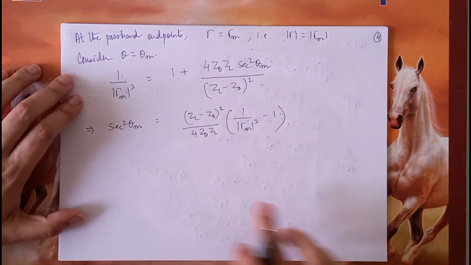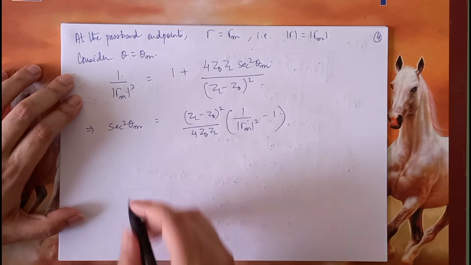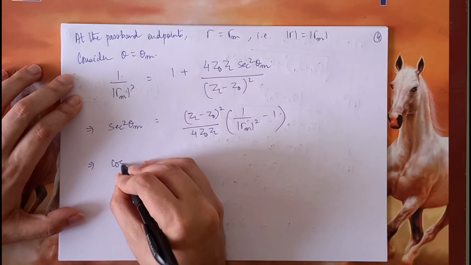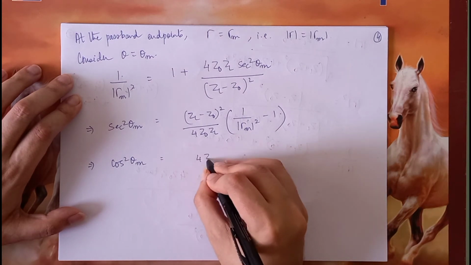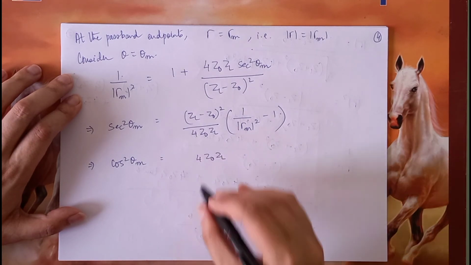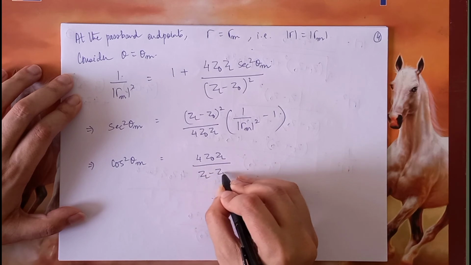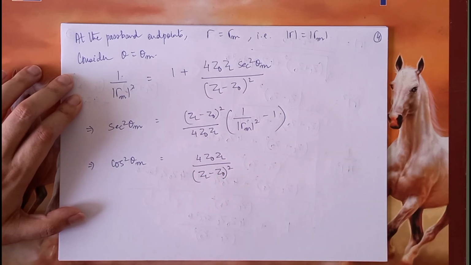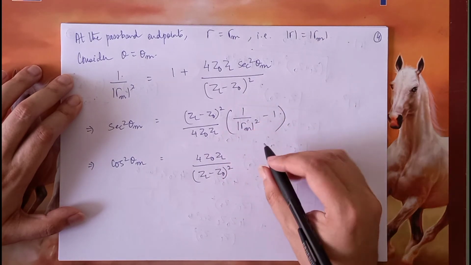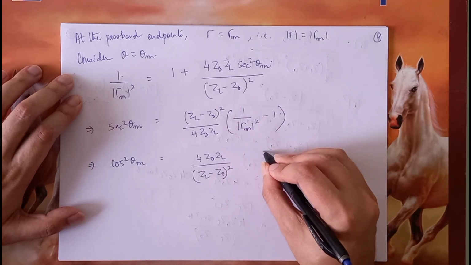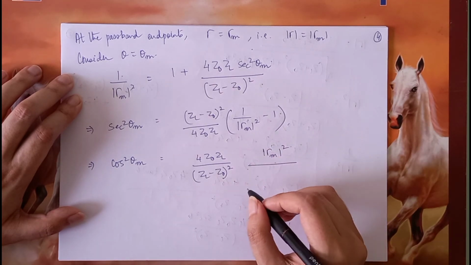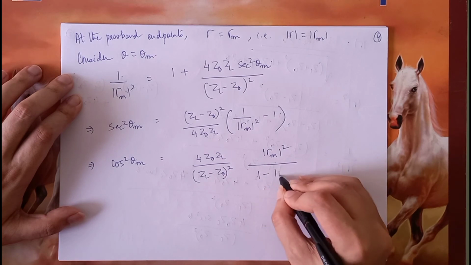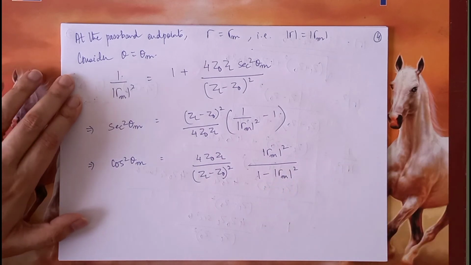So let's take the reciprocal to get the cos term. So that means cos square theta m will be 4z0zl divided by zl minus z0 the whole square. So I will just quickly do the cross multiplication, and what we will get is mod gamma m square divided by 1 minus mod gamma m square.